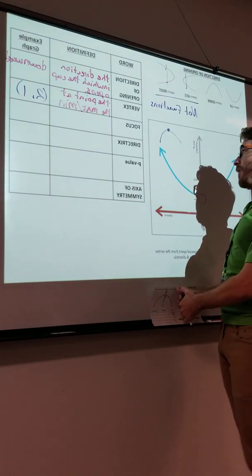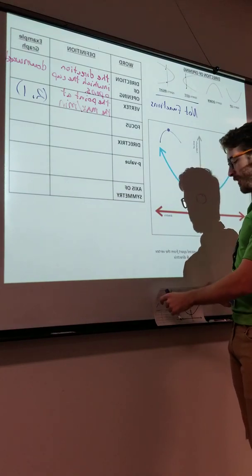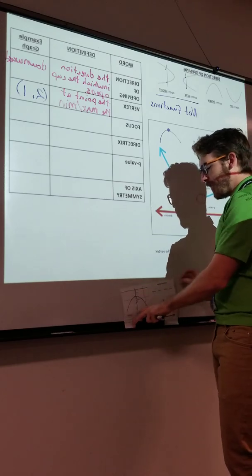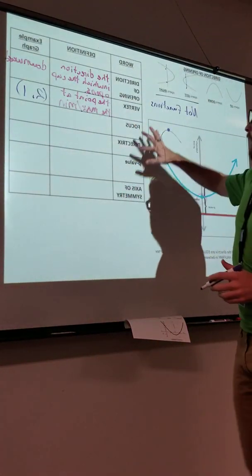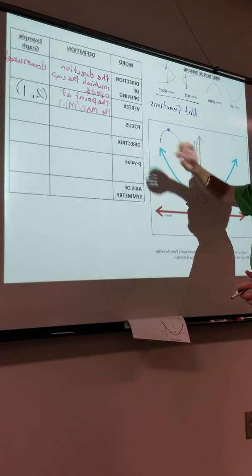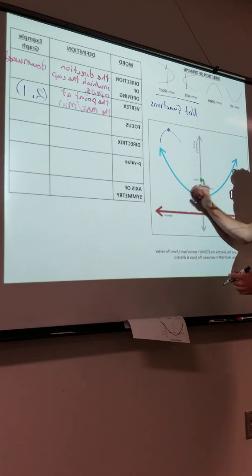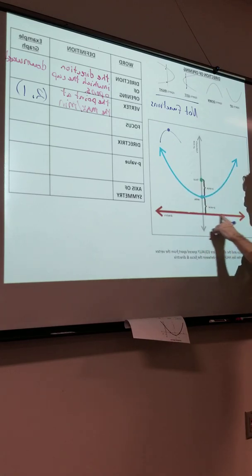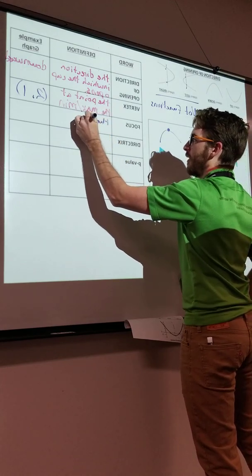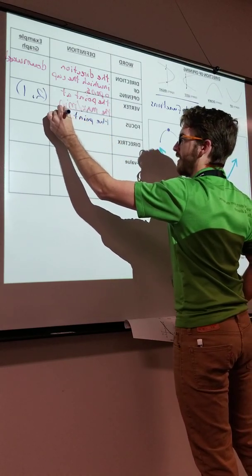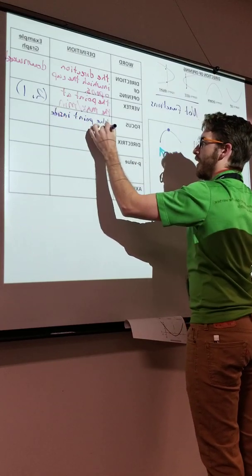Now, focus and directrix have very specific definitions. So instead of me just remembering it off the top of my head, I want to make sure it's correct, exactly, so they're very, very intentional about these two things. One is inside and one is outside. The focus is the point inside the cup.